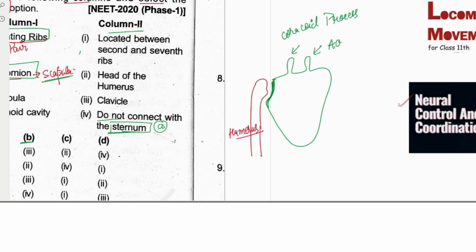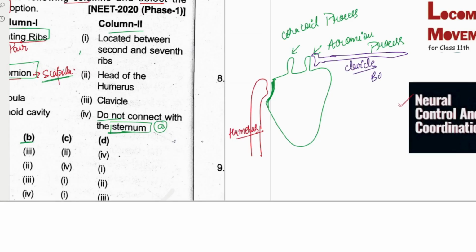The second one is the acromion process. The acromion process is in connection with the clavicle bone. I am showing you a rough diagram. It is not the exact one, but you can get the idea. This is the clavicle or the collar bone.